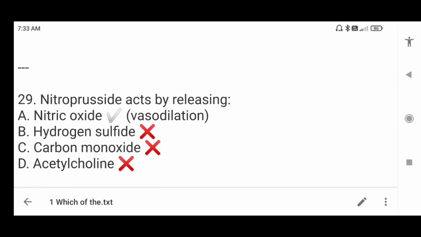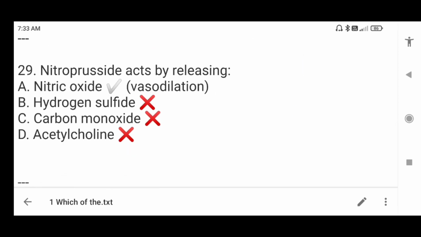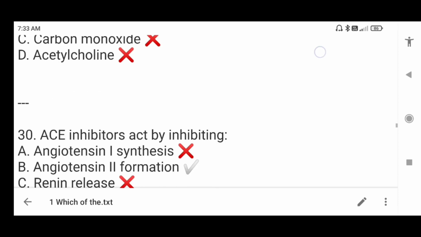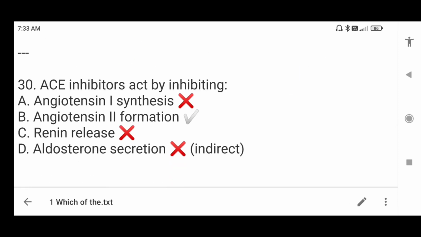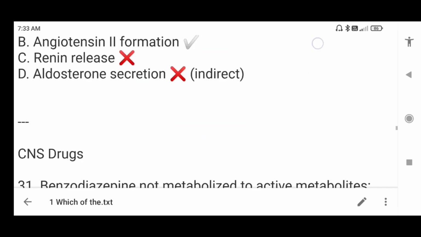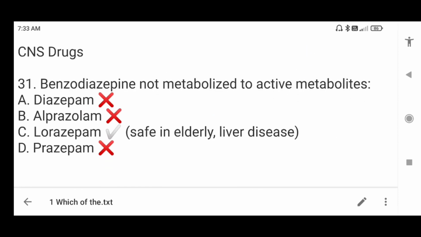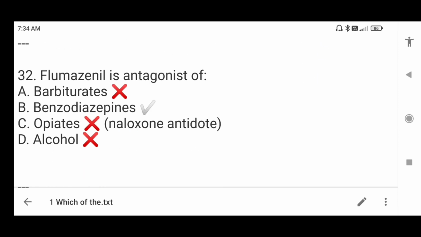Nitroprusside acts by releasing nitric oxide. ACE inhibitors act by inhibiting angiotensin II formation. Diazepam is metabolized to an active metabolite. Flumazenil is an antagonist of benzodiazepine.